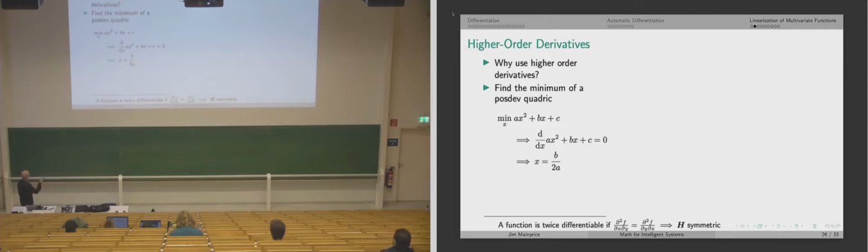We have a constant part here, which is not going to play a role in the minimum. And actually, we're interested in the argmin here, because the minimum would be plugging that into that function.